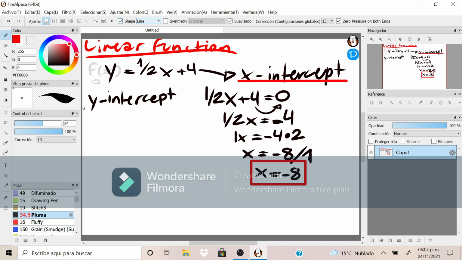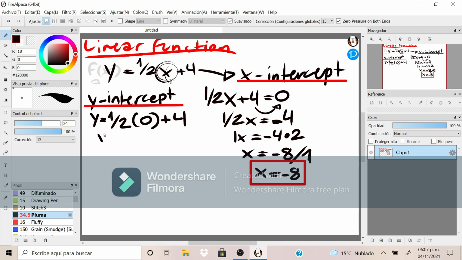Now, all we gotta do here is write the equation the same, but where it's supposed to be x, it's gonna become 0. Why? Because we're gonna find y. So 1/2 times 0 plus 4.